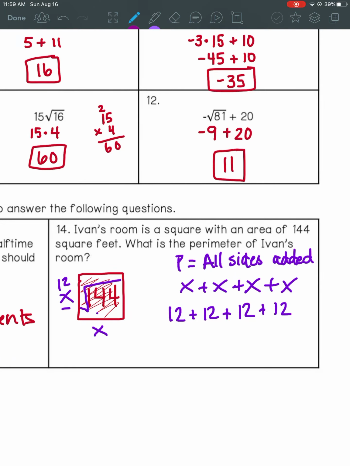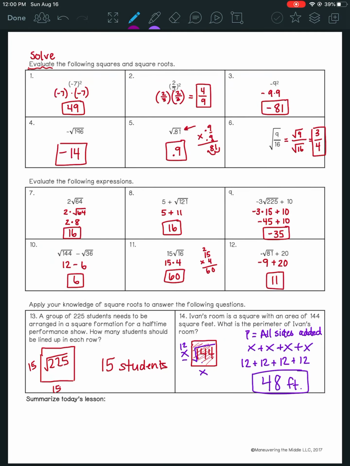Or a quicker way to do this would be 12 times 4. You're going to get the same thing, okay? So 4 12s gives us a perimeter of 48 feet in his room, okay? Make sure you get all of those notes copied down, and we will continue working with squares and square roots.